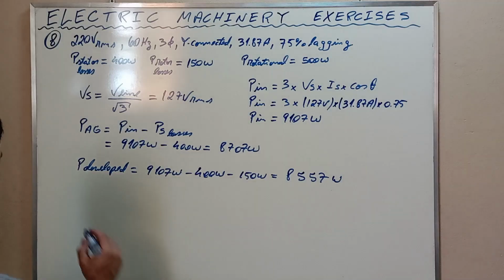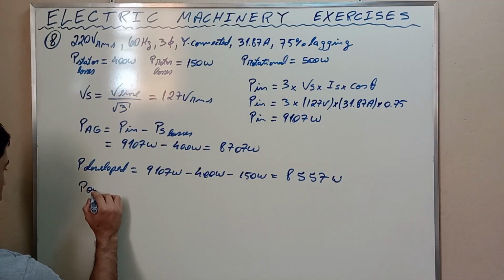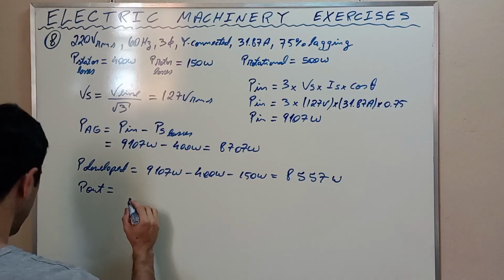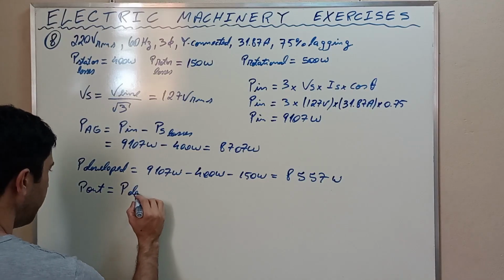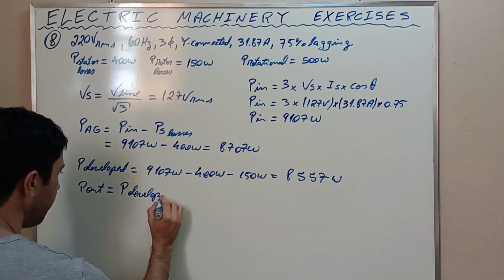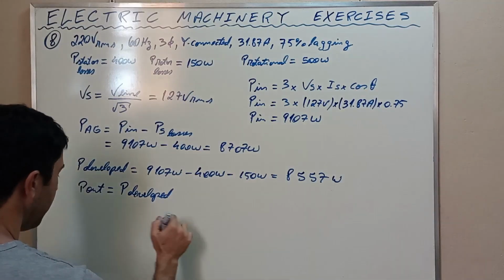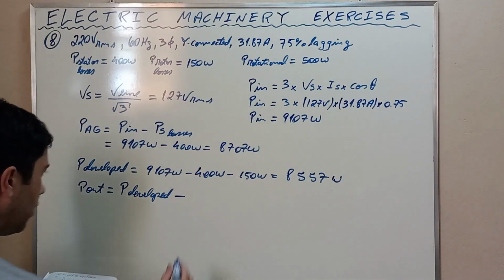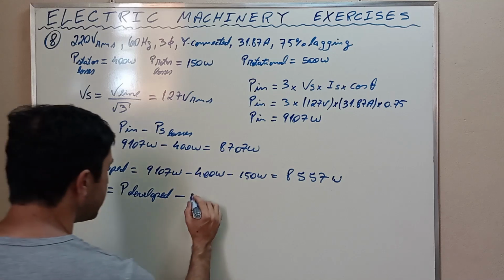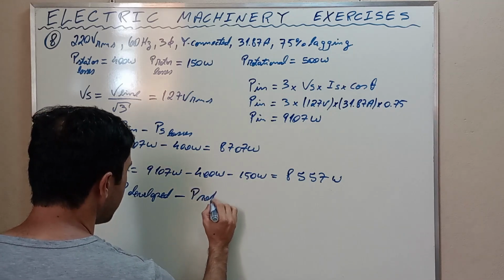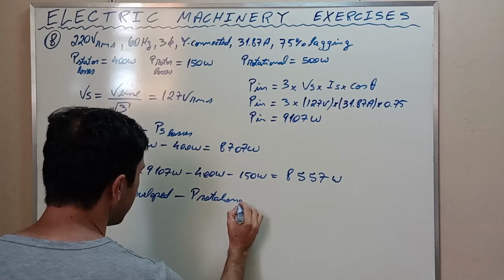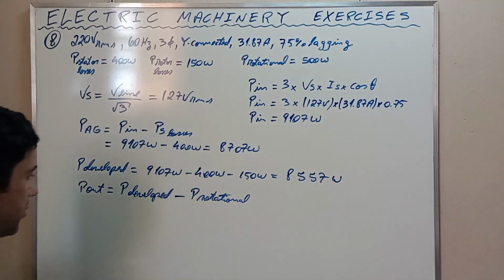Okay, my friends, next, by subtracting the rotational losses, we find the output power. The output power, P out, is equal to the developed power minus the rotational losses.